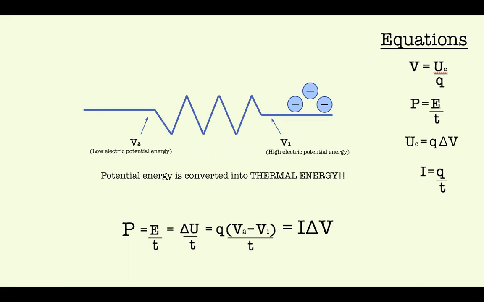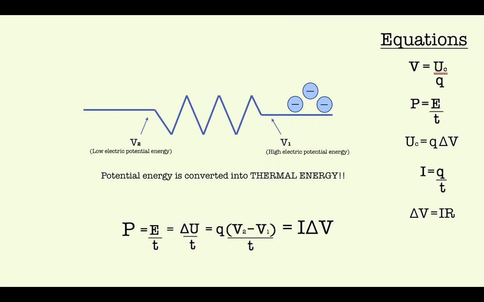On the right, underneath our equations, we have one final equation, which is our change in voltage, which equals current times resistance, and this is known as Ohm's law. Now, due to Ohm's law and the equation that we have for power, which is power equals current times change in voltage, we can determine that there are other ways to solve the equation for power and to determine how much power is in a circuit.